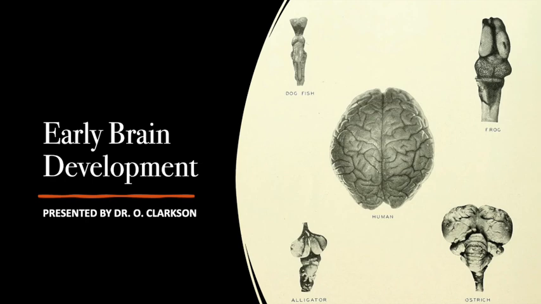The prosencephalon eventually turns into the telencephalon and the diencephalon. The telencephalon, if you remember, makes up your cerebral hemispheres, for example. That's going to be your forebrain, your frontal lobe, your parietal lobe, all that. That's derived from the telencephalon. Diencephalon, again, thalamus, hypothalamus, epithalamus.